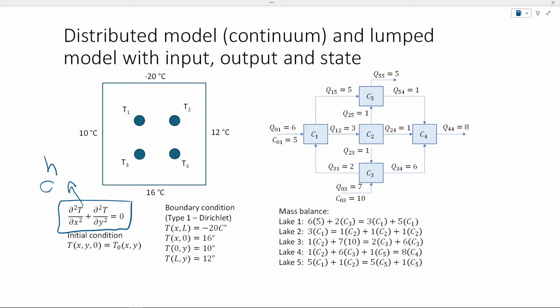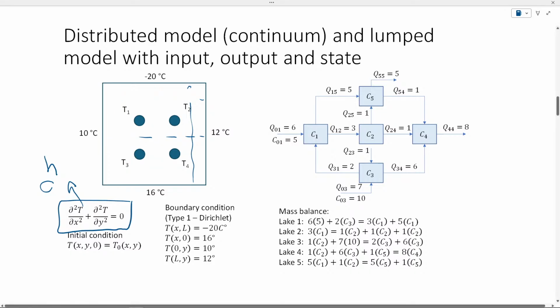Basically, it tells you we have the state of the system at different spatial locations.